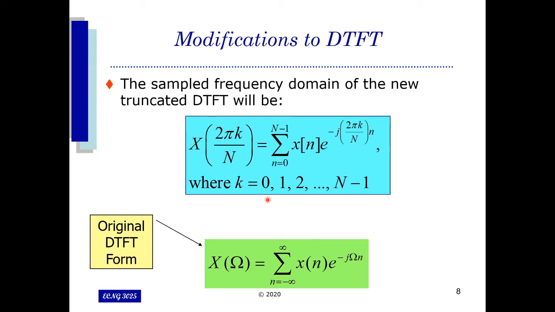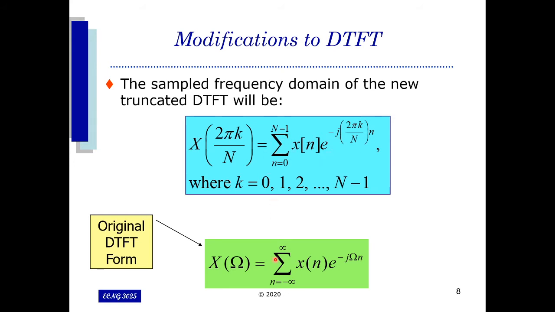You can see how it maps towards the original DTFT form. Everywhere we had capital omega is replaced by 2 pi k divided by N, so this capital omega here is replaced by this value, and the capital omega here is also replaced by this value.